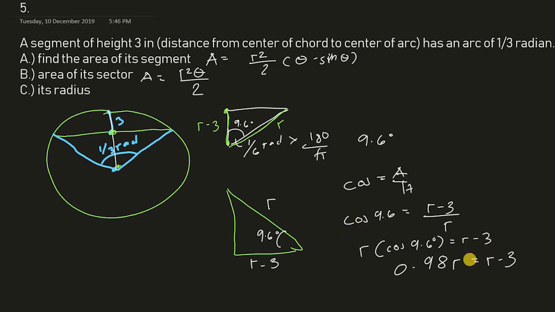I'll transpose the 3 to the other side, and the 0.98r to the other side. So it becomes positive 3 is equal to r minus 0.98r. Alright.